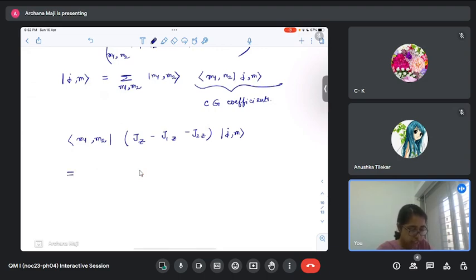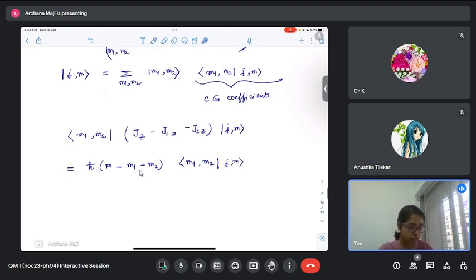So this matrix element is basically M when Jz acts on this. When J1z acts on this, it's minus M1 h cross, I'm taking h cross common. Likewise when J2z acts on this, it gives minus M2 h cross. And then what remains is the CG coefficient M1 M2 J M.